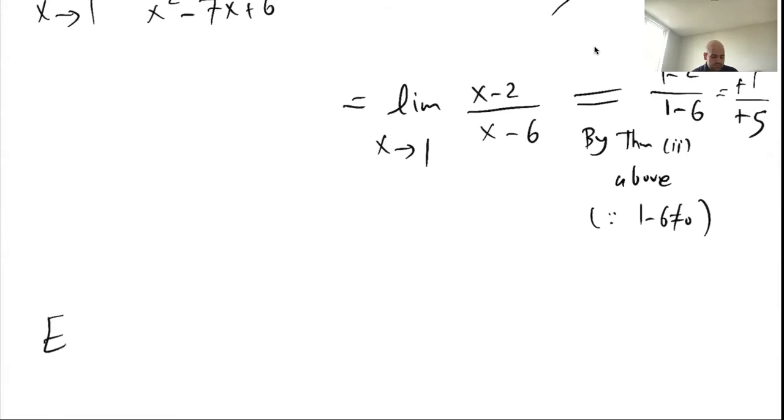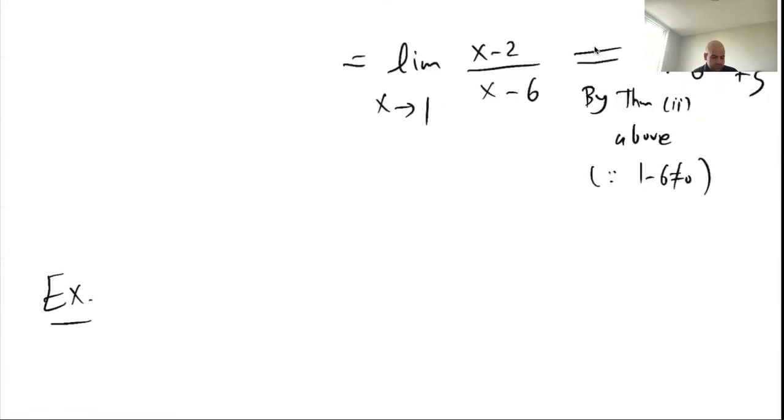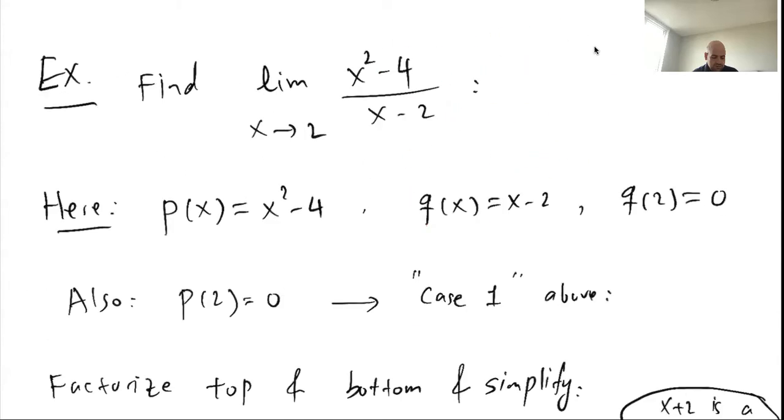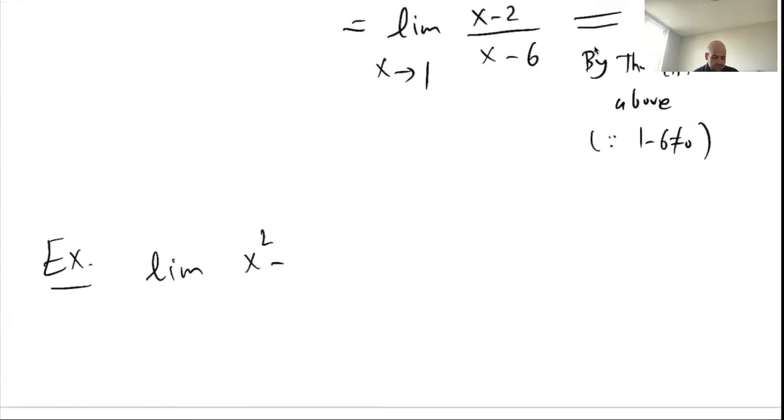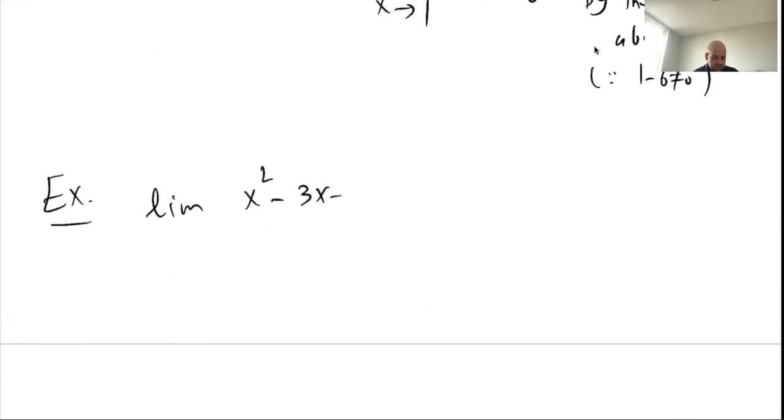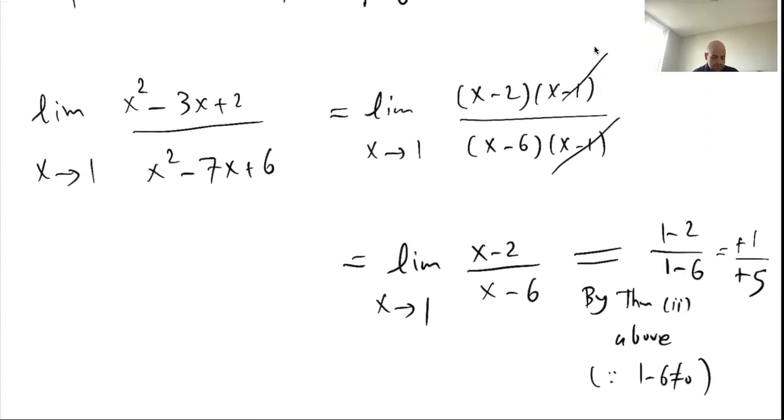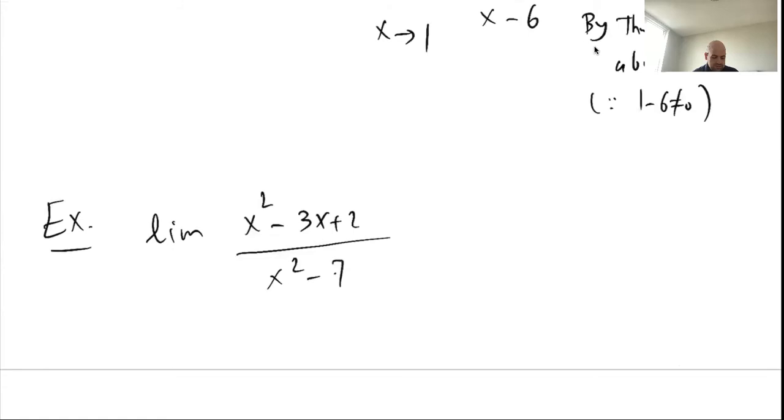Okay, another example. What about, let's say, if you want to calculate x squared minus 3x plus 2, again, divided by x squared minus 7x plus 6, as x approaches 2.